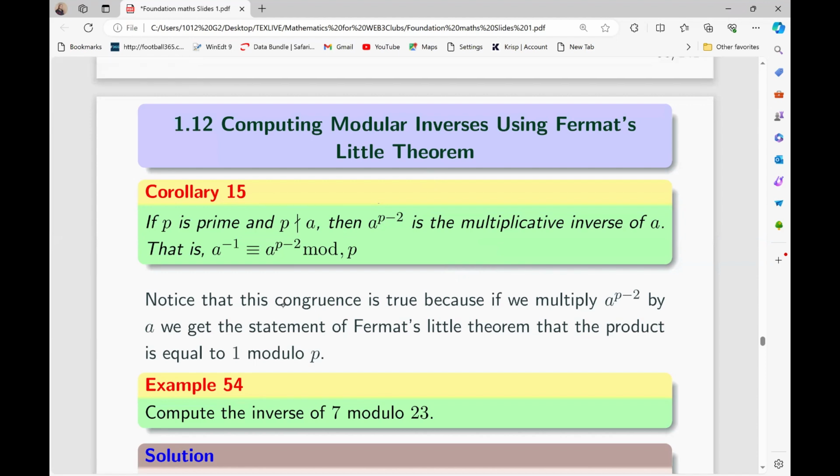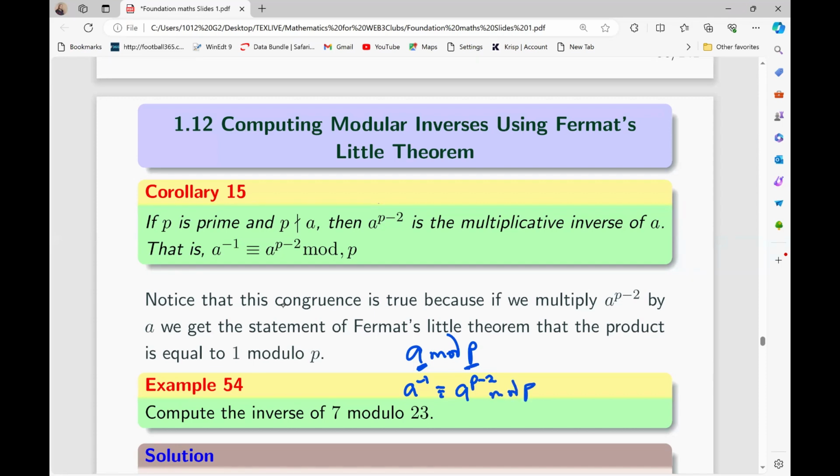Fermat's theorem says that if you are given a mod p, where p is prime, and p does not divide a, just as we did yesterday, then we can get the inverse of a as a raised to p minus 2 mod p.